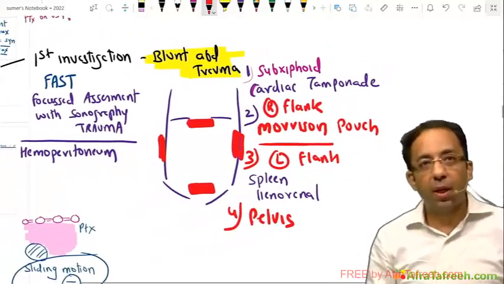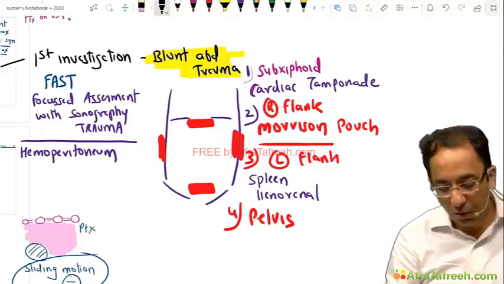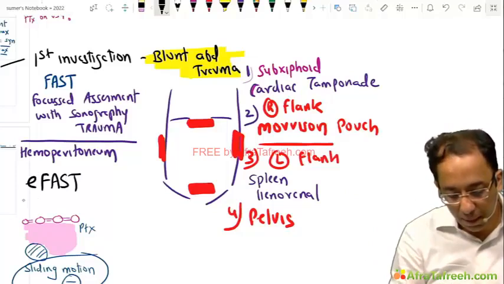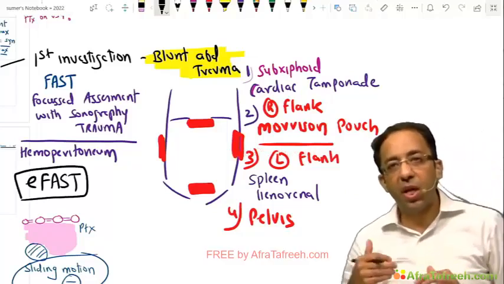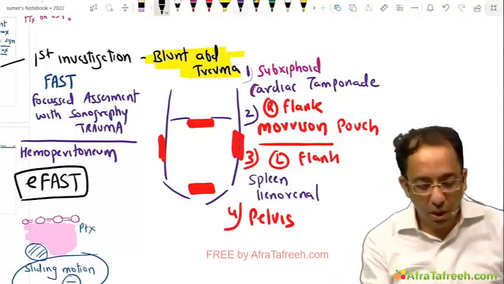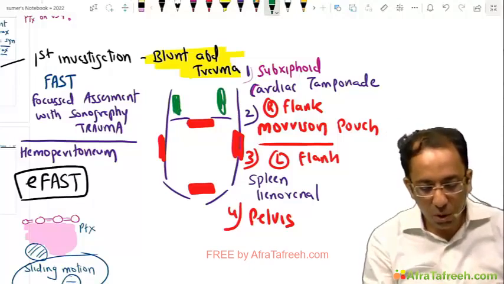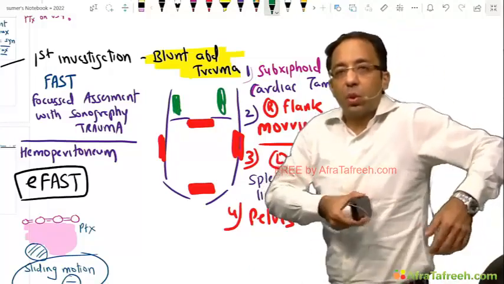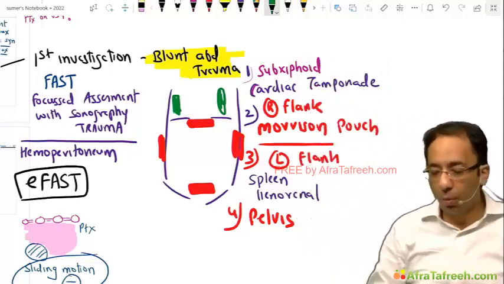But now it is recommended that when we are doing FAST, we should extend the study. When we extend the study, we call it E-FAST or extended FAST. You keep the probe in the right chest and left chest also, to look for any thoracic cavity abnormality.